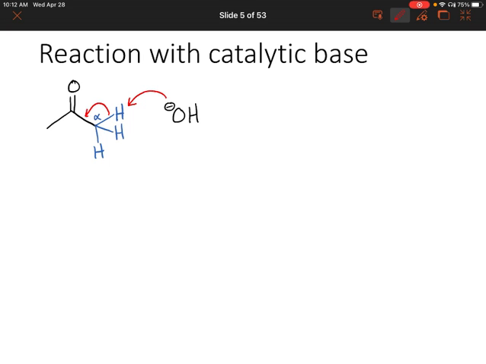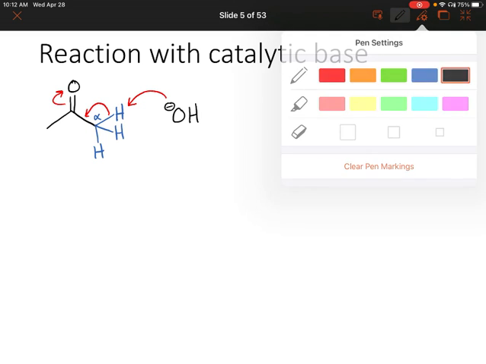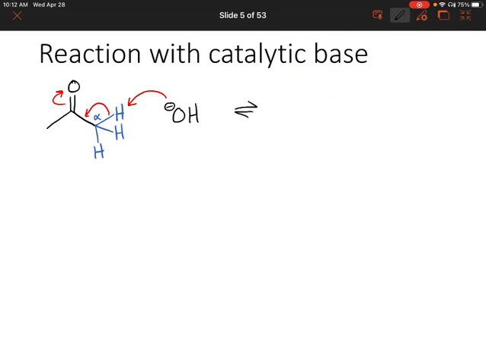That's going to leave electrons behind, and we'll move pi electrons up to oxygen. So now we have a negatively charged oxygen and a double bond. And then we also formed water. Okay, so what do you think will happen next?